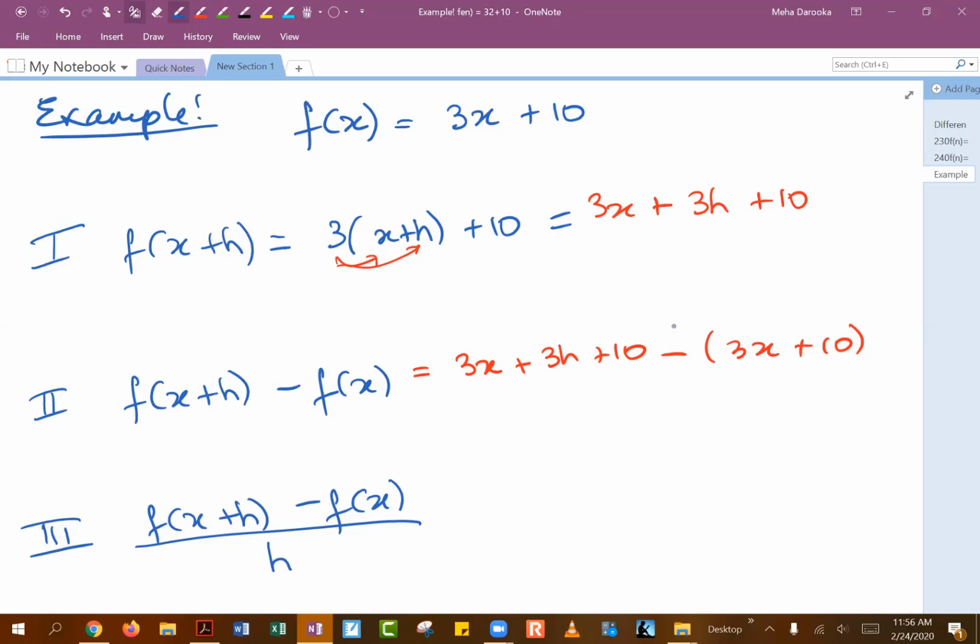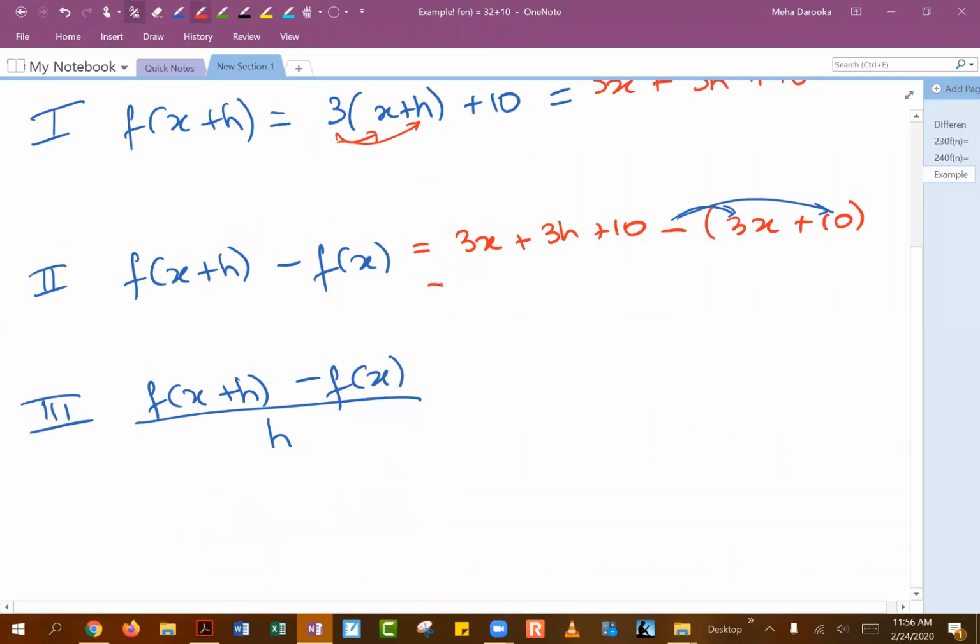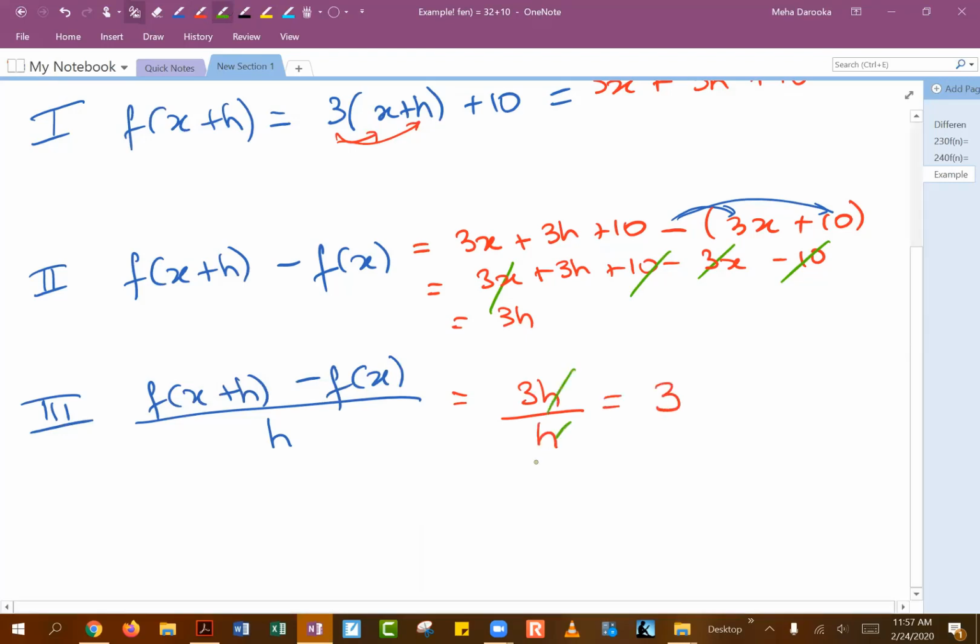So the negative will distribute. What terms cancel out here? The 3x and the 10. Very good. And then all you are doing is 3h divided by h, right? Alrighty, very nice.